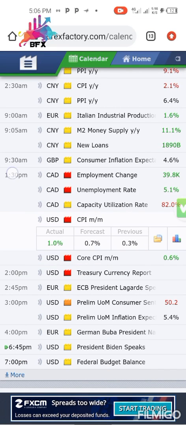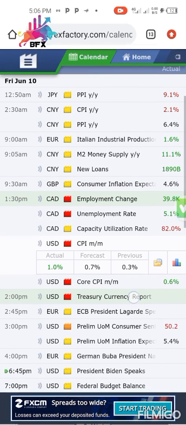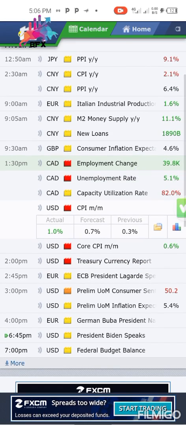When you tap on this before this time, you only see previous and forecast. If I'm checking for Canadian dollar now, the last month was 0.3%. Forecast is 0.7%.